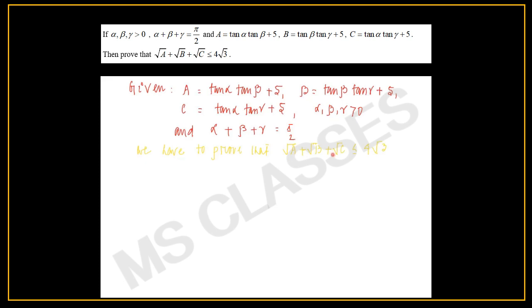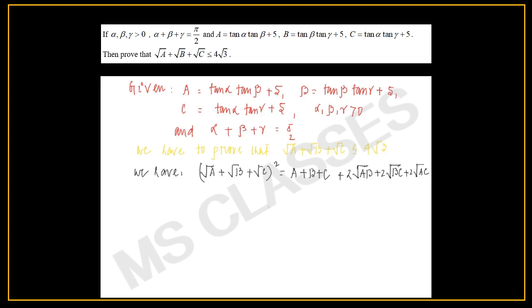So we start with (√A + √B + √C)². Then we get A + B + C + 2√(AB) + 2√(BC) + 2√(AC).